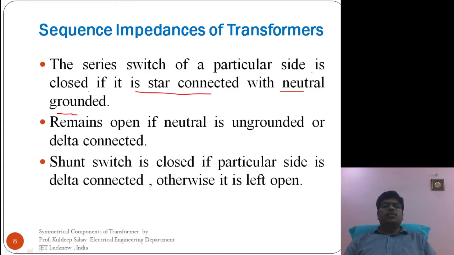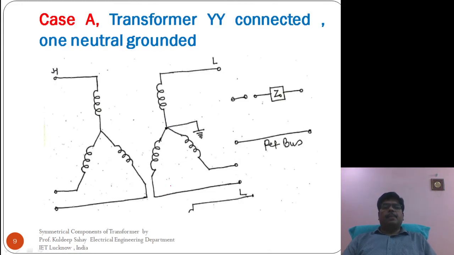It will remain open if the neutral is ungrounded or there is a delta. Shunt switches will be closed only if on a particular side of the transformer it is a delta. Otherwise, it will be left open.